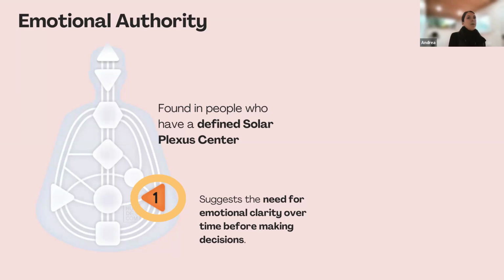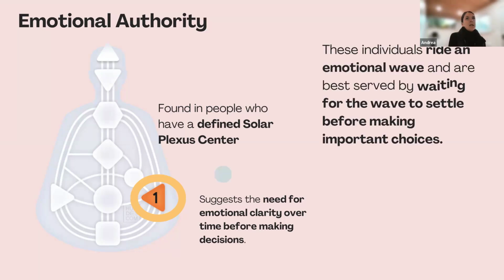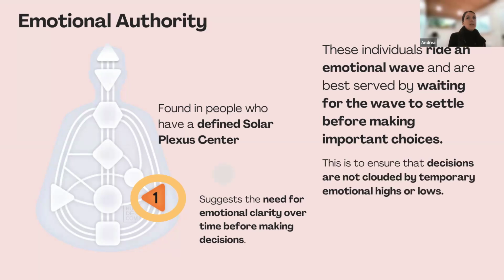What they say about emotional authority is these individuals ride an emotional wave, and it's best for them to wait until those emotions settle before they make a decision, rather than deciding in the moment, clouded by those temporary emotions.